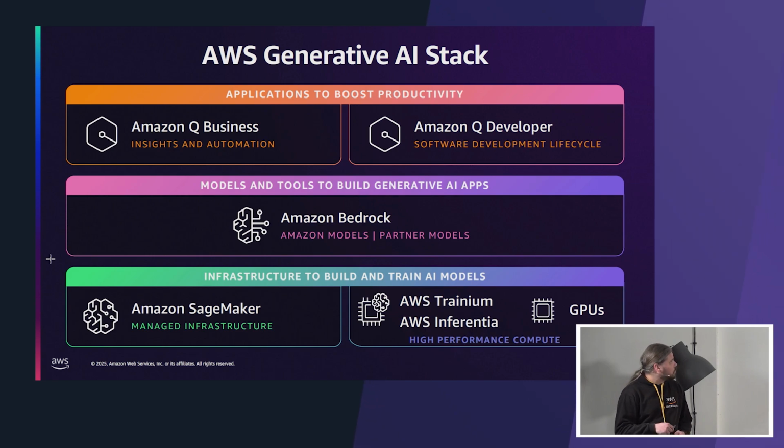And on top of this, we have Q for Business and Q Developer, which are purpose-built applications for companies who just want to use and leverage Gen AI. Q Business is a tool for companies who want an internal assistant which takes into account their own data.